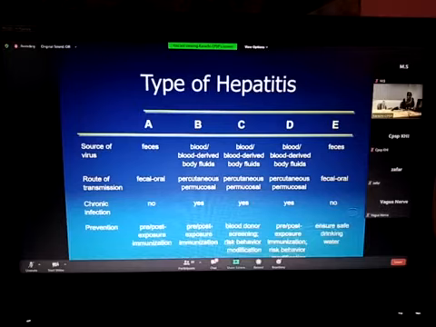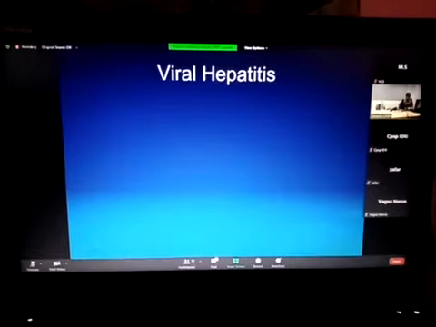All 3 of them can lead to chronicity. Hepatitis B is the only one where you have immunization available, but unfortunately for C and D, the only preventive measure is proper screening. Okay? I hope this is clear so far.